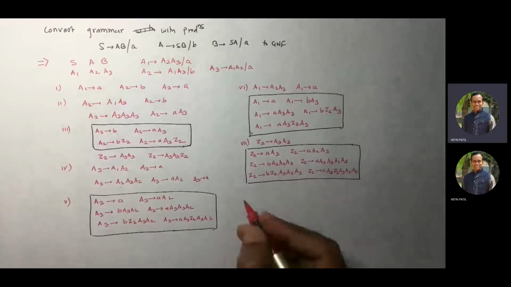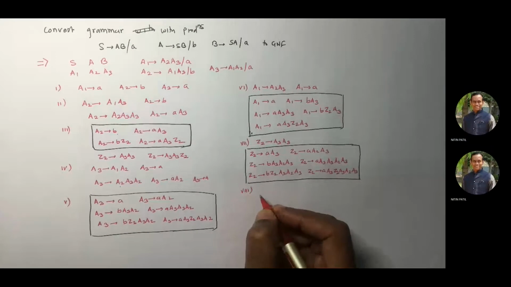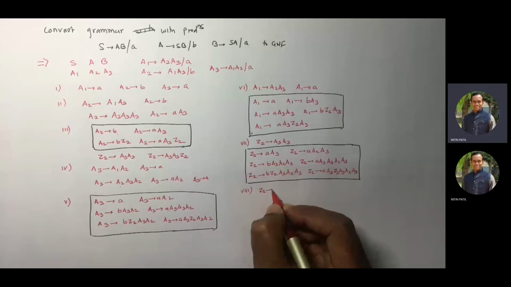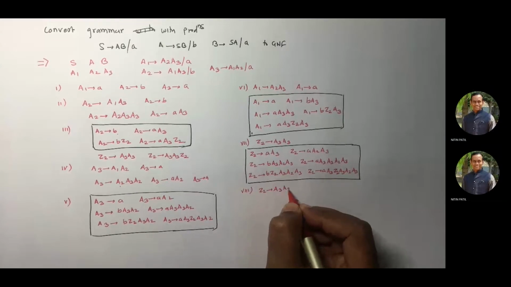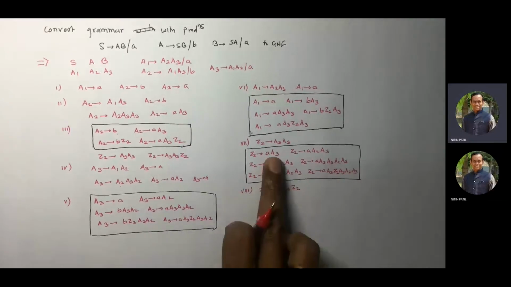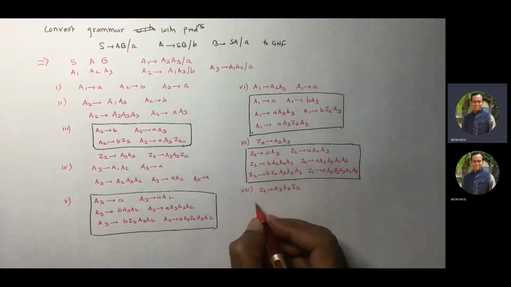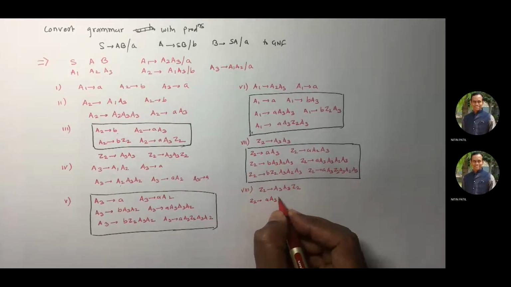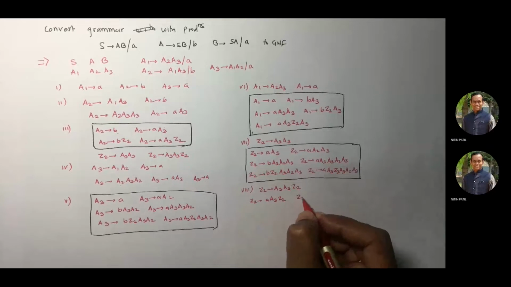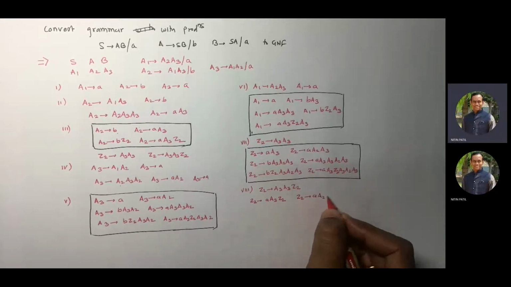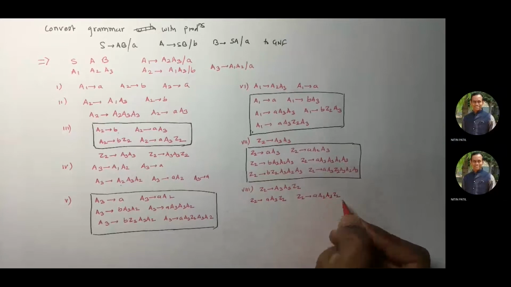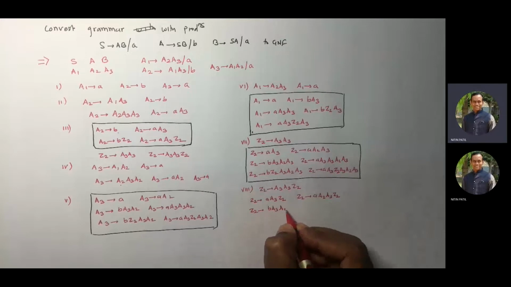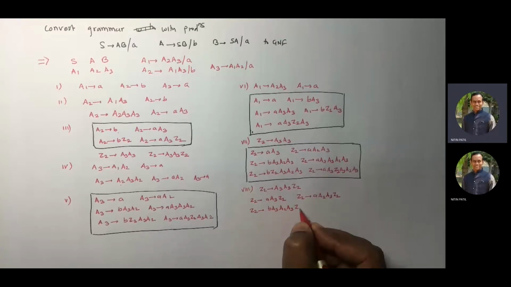Now one remaining production. The 8th case is what? Z2 gives A3, Z2. So you add only Z2 in here. So you get Z2 gives A, A3, Z2. Z2 gives A, A2, A3, Z2. Z2 gives B, A3, A2, A3, Z2.